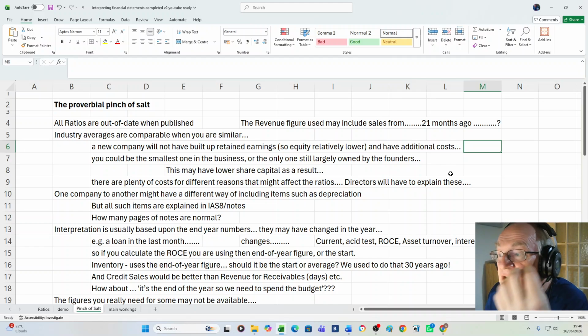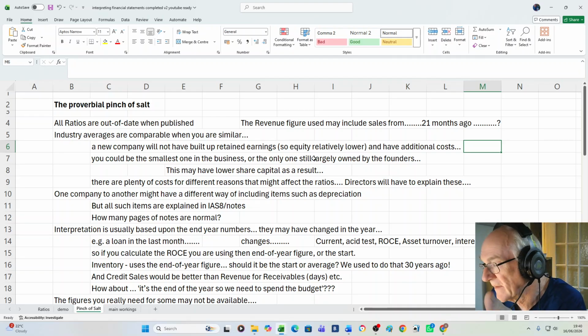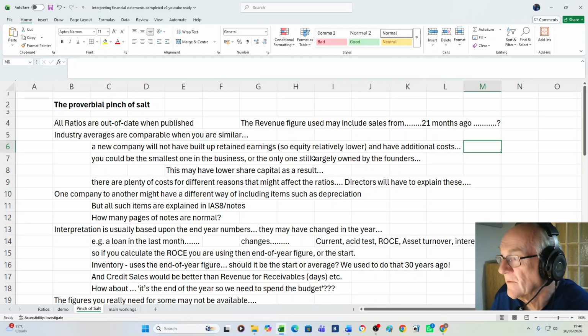Then the size issue, the smallest one in the business, or the one still largely owned by the founders. Well, yes, you could still have share capital of £1,000, £1 shares, 40 years after the business started, whereas everybody else has been sold and been around for decades and been multiple owners and has got much bigger share capital, and that will affect all the ratios.